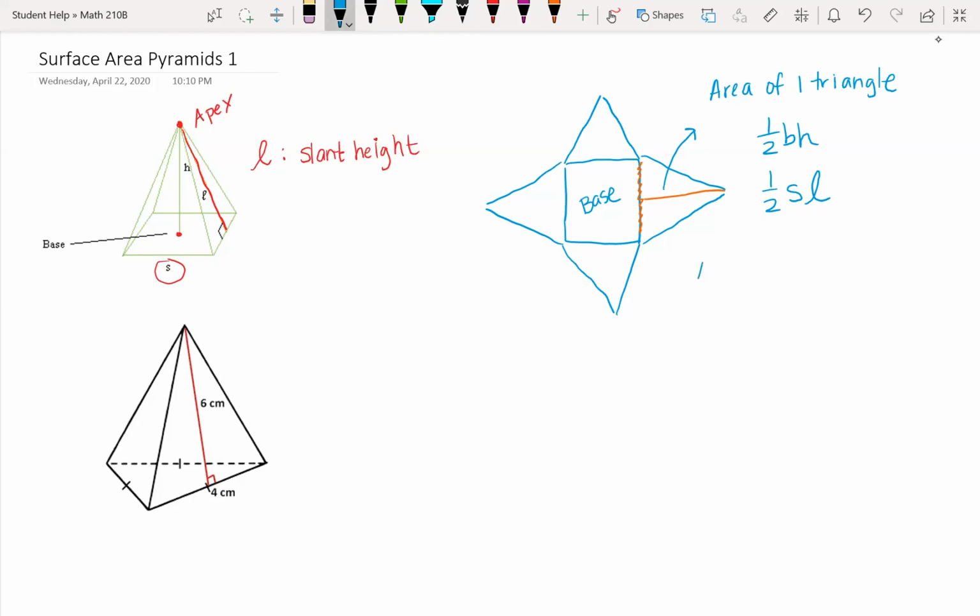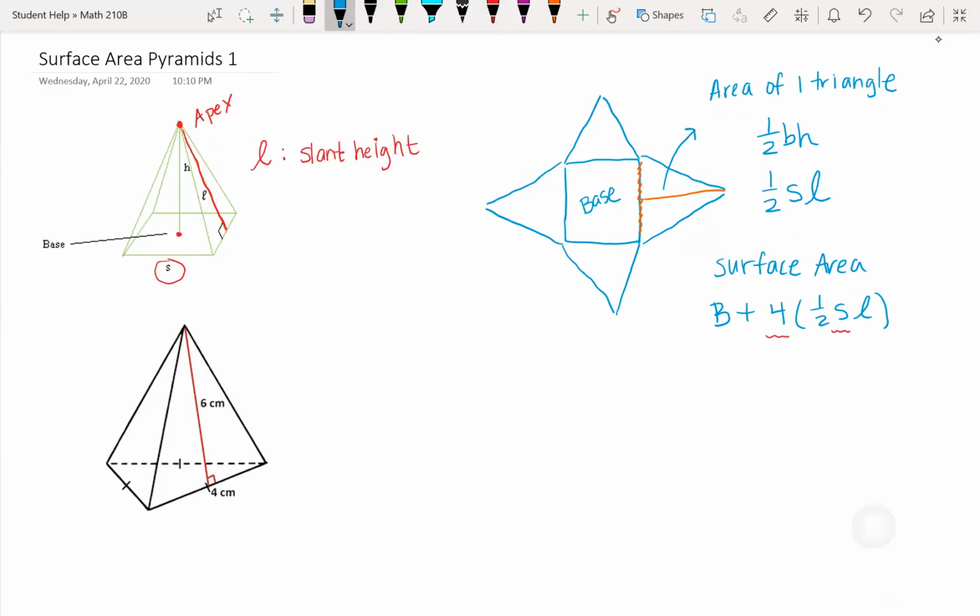So the total surface area is going to be the base, capital B, which is a square in this case, plus 4 times 1/2 the length of one side times the slant height. If I take the 4 and the length of the sides and put that together, that's the same as the perimeter.